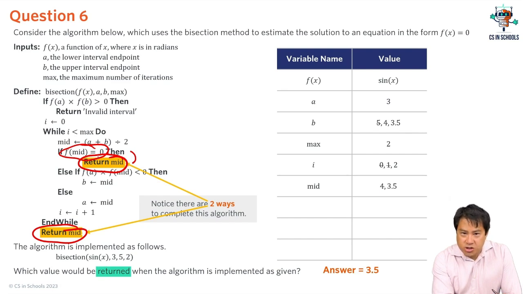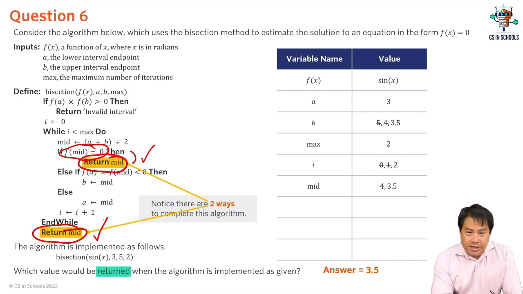Remember, the bisection method is used to find the solution to the equation in the form of f of x is equal to 0. So if f of mid is equal to 0, then mid is going to be the exact answer. So if we ever reach this point, we know that we've gotten an exact answer to that question.